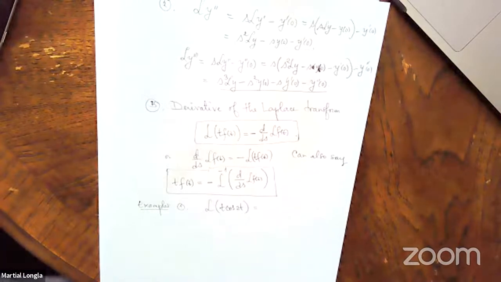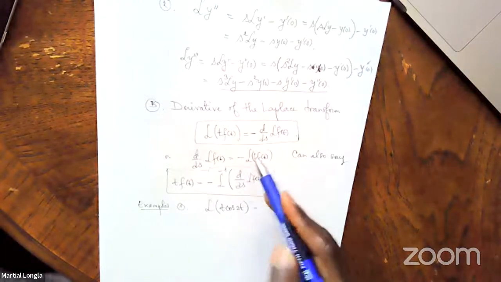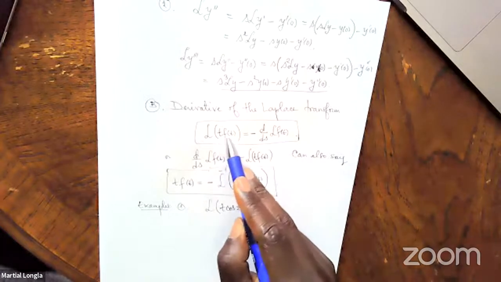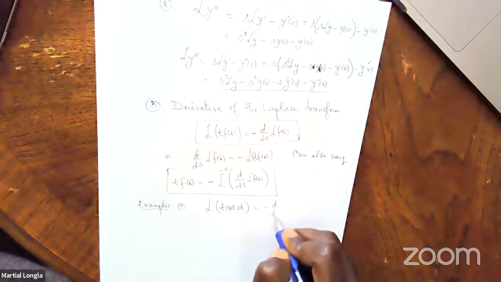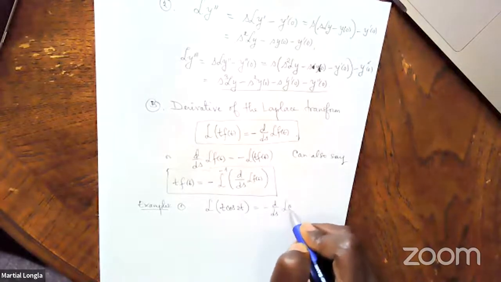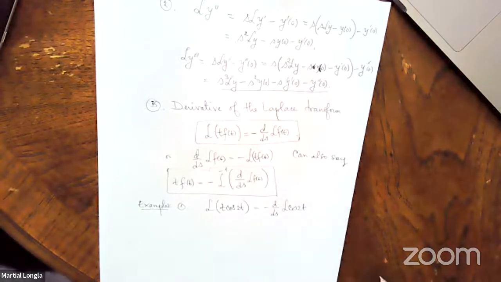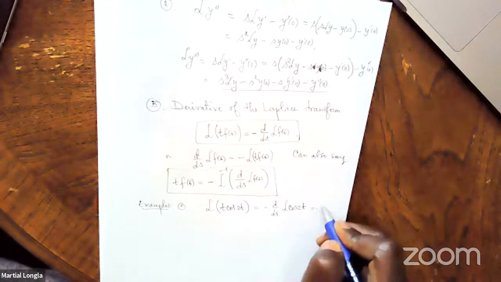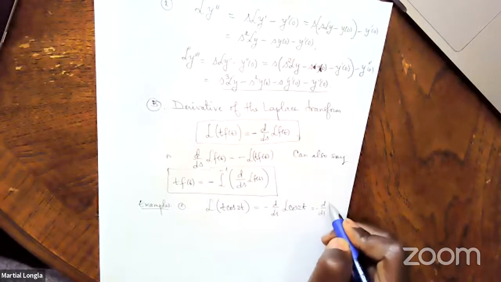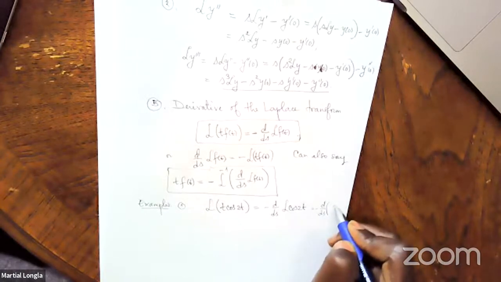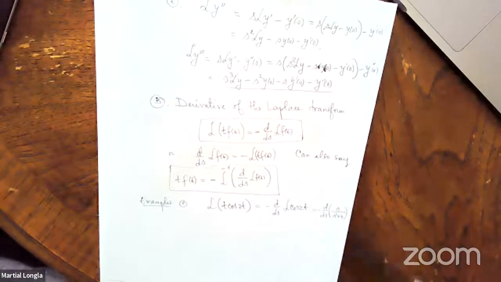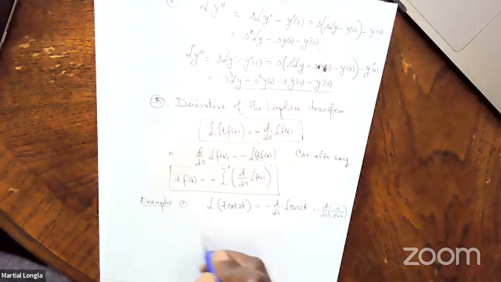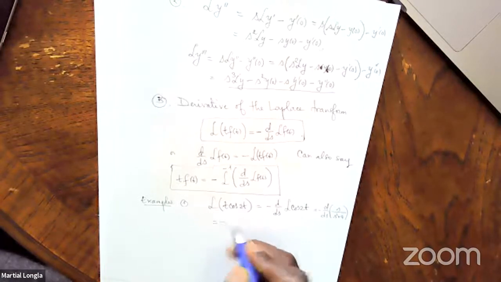If I want to find this, then this theorem tells me that for t cosine, it's negative derivative with respect to s of the Laplace transform of cosine 2t, which is negative derivative with respect to s, and the Laplace transform of cosine 2t is s over s squared plus 4.